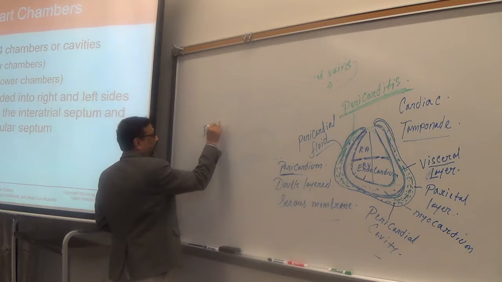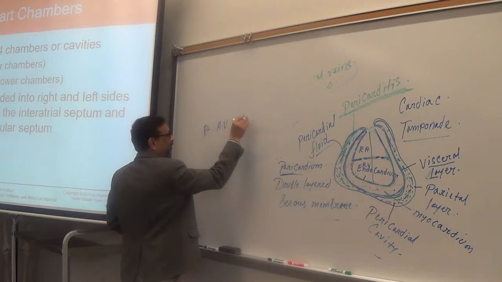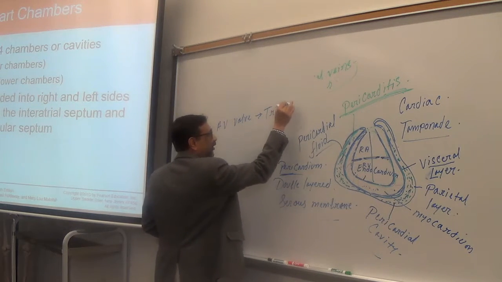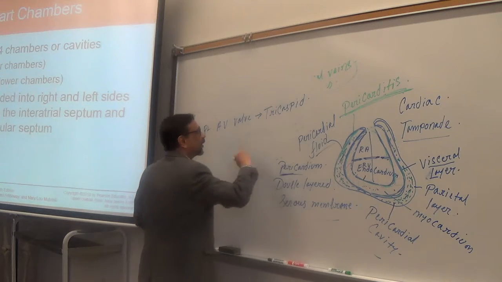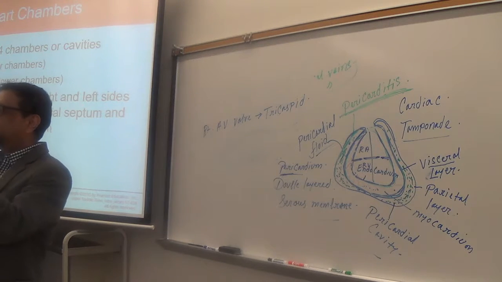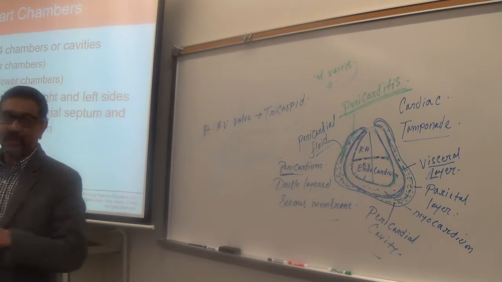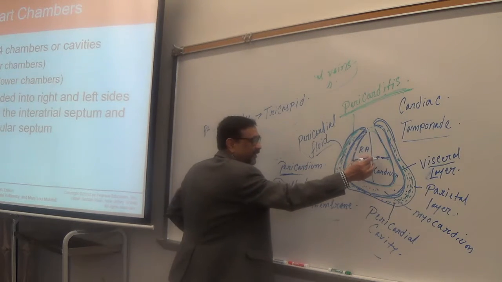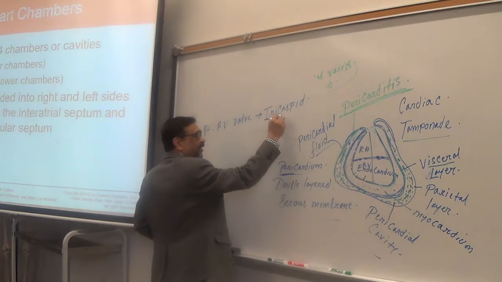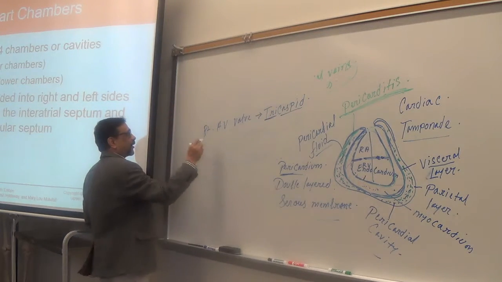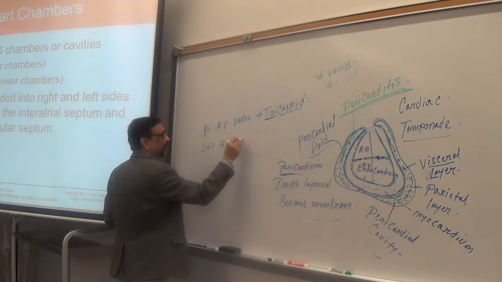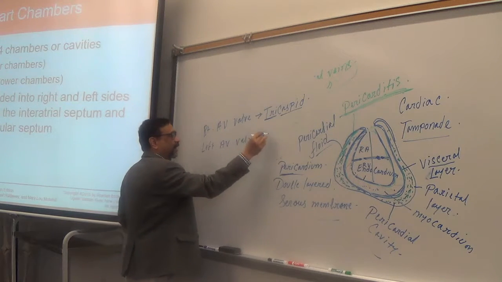So, right AV valve is also called tricuspid. Cusp means leaflet or leaf-like structure. So, in the right side, you have 3 leaf-like structures. That's why it is called tricuspid. Left AV valve is bicuspid.